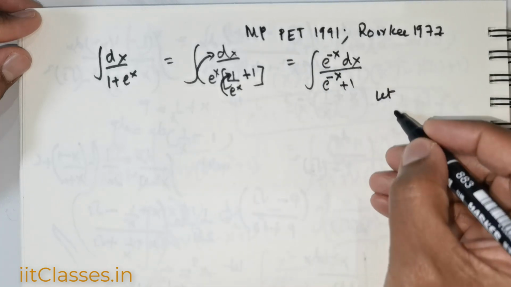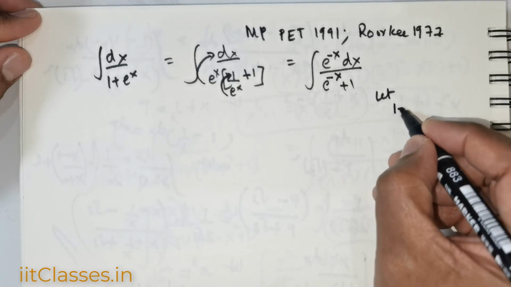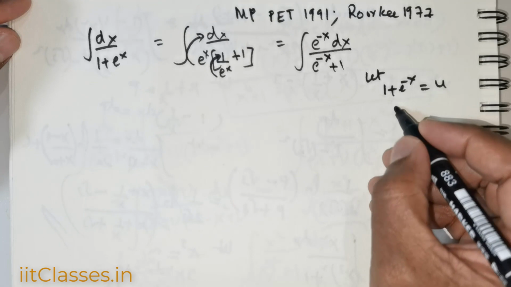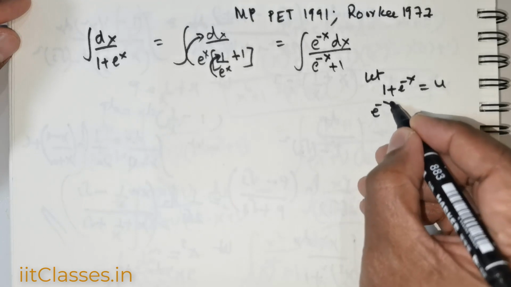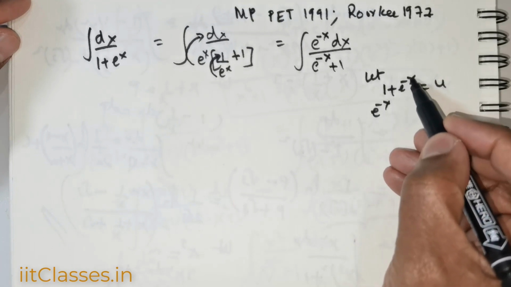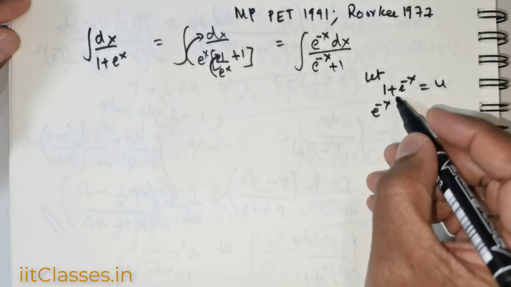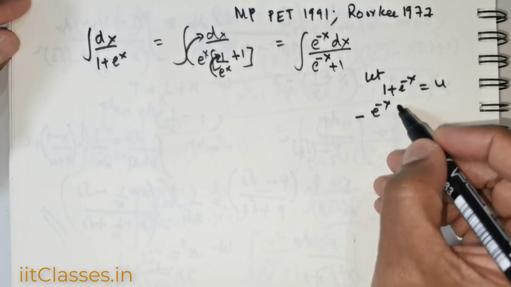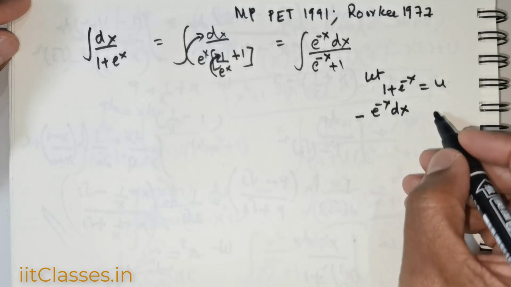Next, we will integrate by substitution. Let 1 plus e raised to the power of negative x be equal to some u. I differentiate both sides. I get e raised to the power of negative x, and the coefficient of x over here is a negative sign, so you place the negative sign along with the differentiation of x, which is going to be dx.